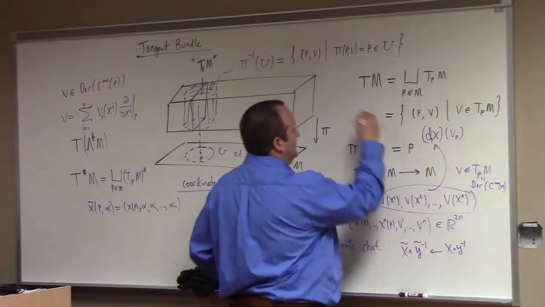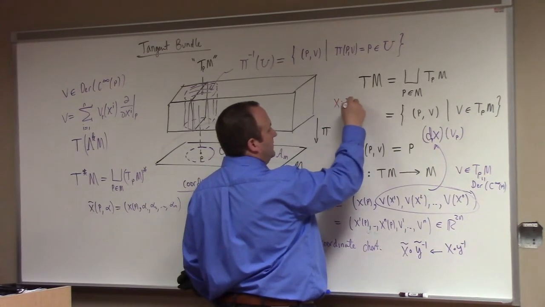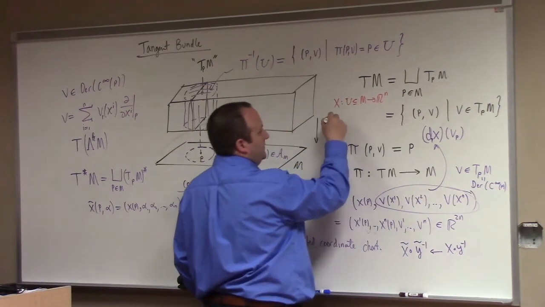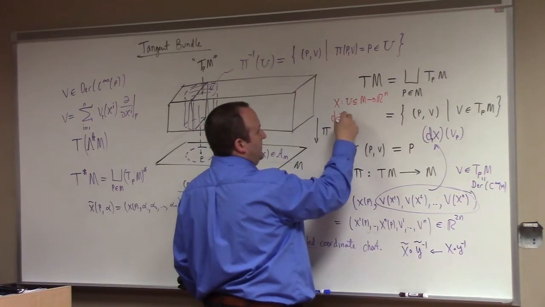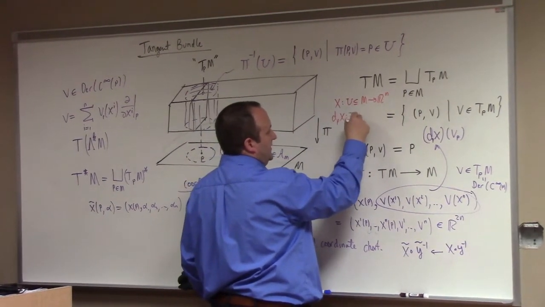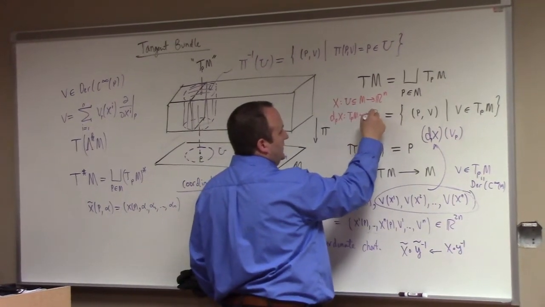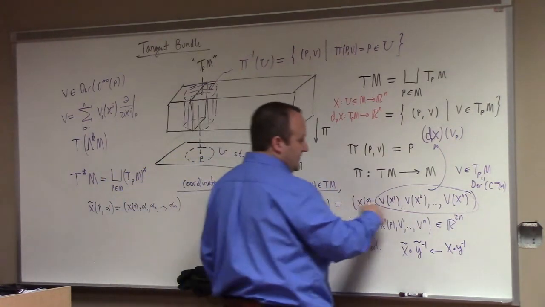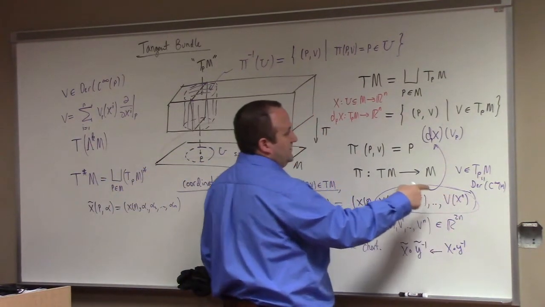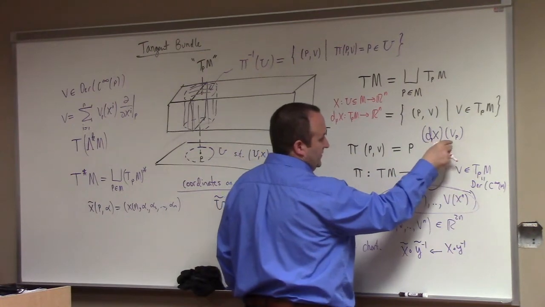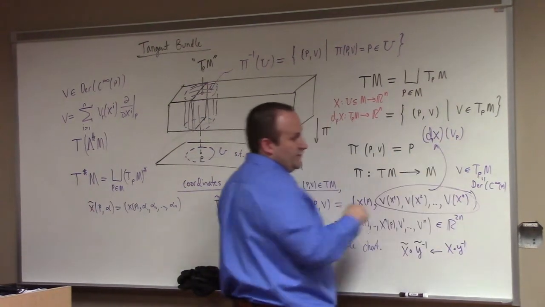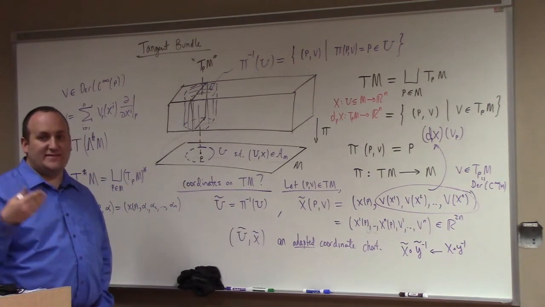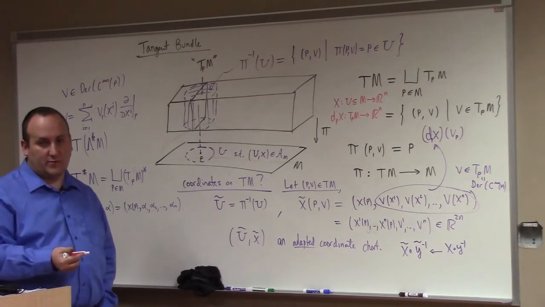So this makes sense because x is a coordinate mapping from u, which is a subset of M, to Rn, right? So d_p x is a mapping from the tangent space at p of M to Rn, identifying Rn with its tangent space. So this is straight up the differential of the coordinate map pushing the vector forward. The push forward of the vector under the coordinate map's differential is actually the coordinates of the vector with respect to that coordinate system.